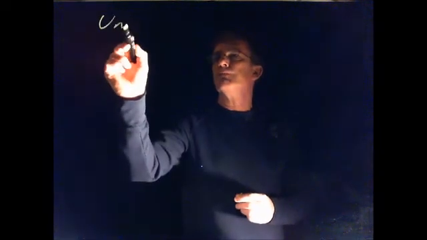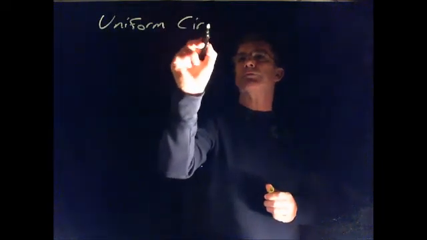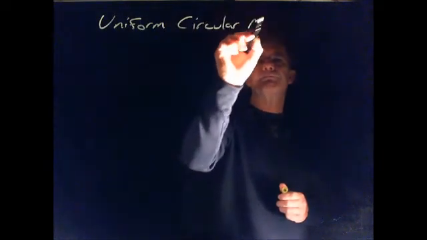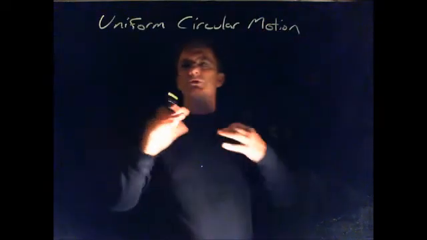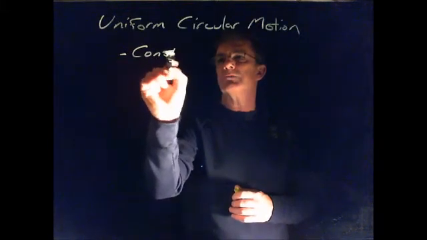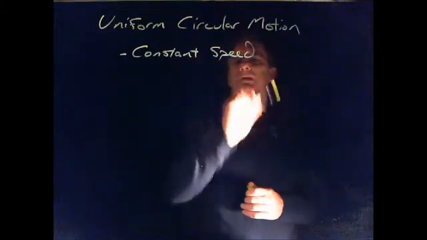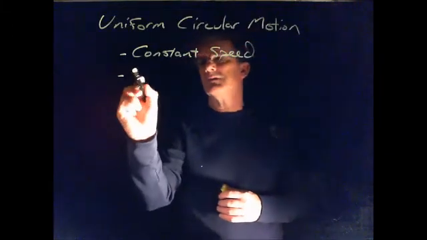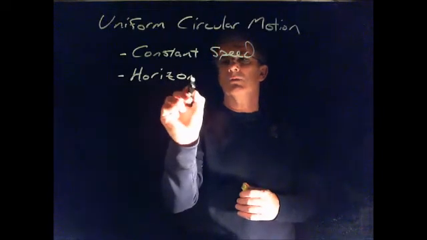If we're talking about uniform circular motion, now remember, uniform circular motion is horizontal. What's uniform is that we're dealing with a constant speed. That's what we mean by uniform. And the only time we can have a constant speed really is dealing with a horizontal. So something is moving in a horizontal circle.